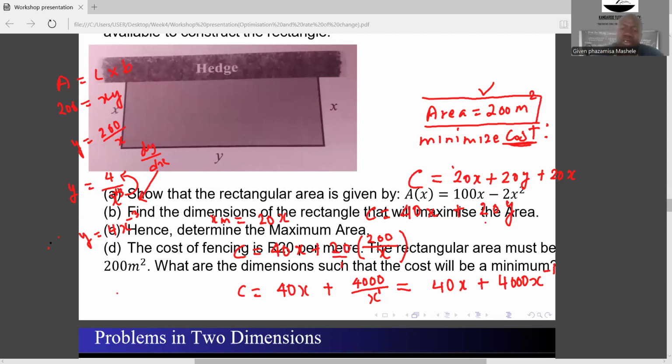So what we're going to do: because this C here is a function of x, we have to differentiate the cost function because we want to minimize the cost. I believe you are following, yeah?